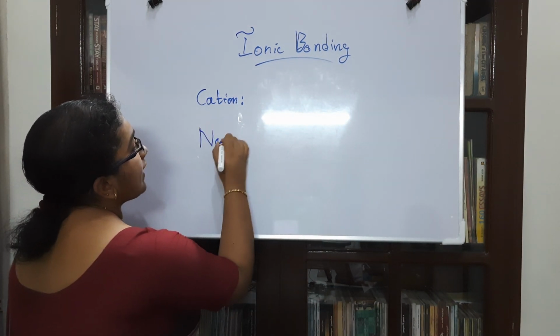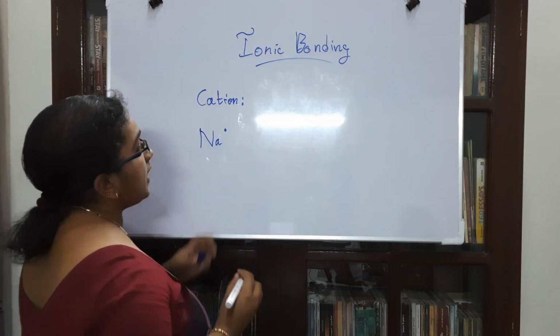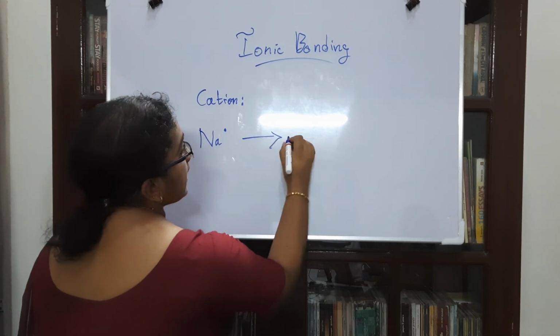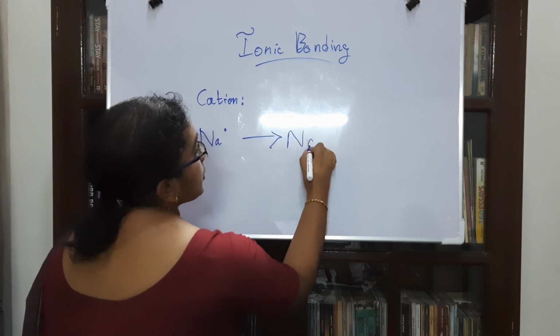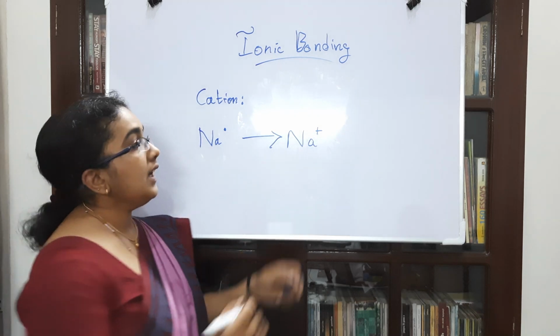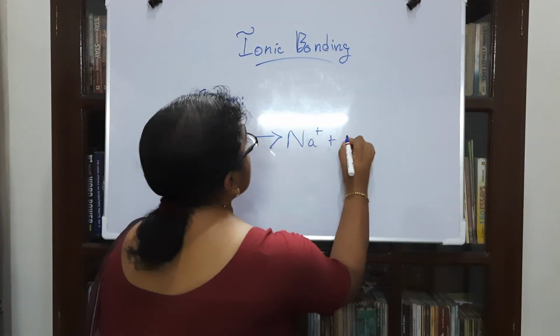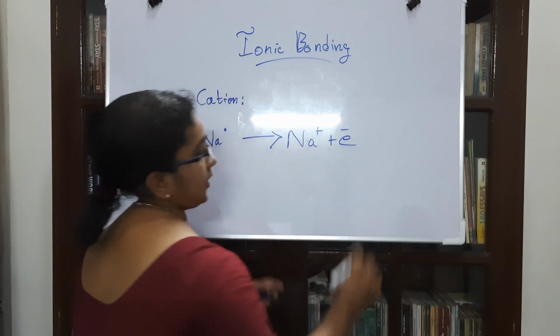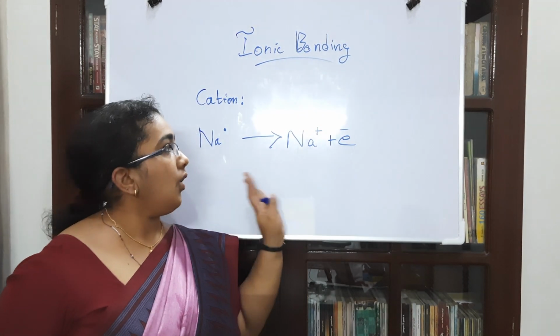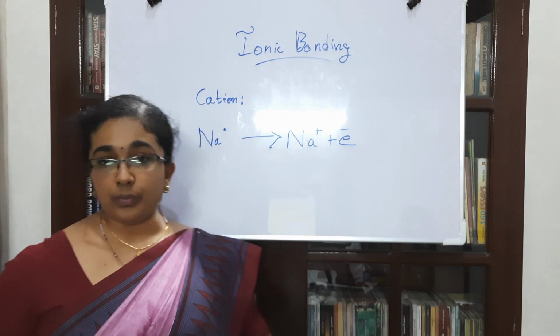It has one electron in the outermost shell. After losing the electron, it becomes Na+, which is known as a cation. Na → Na+ + e−. This is a representation of cation formation.